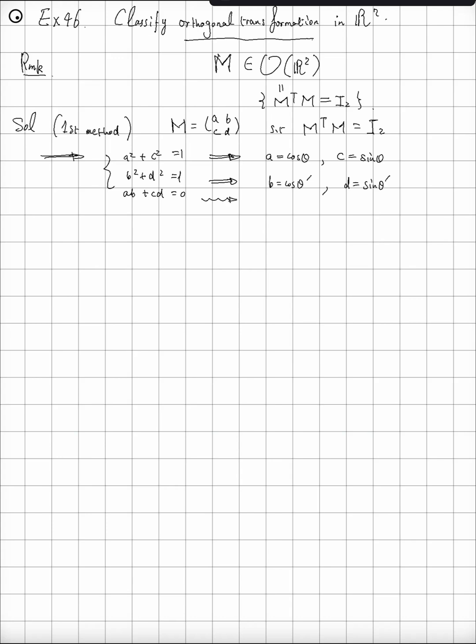Well, the third one will tell you that actually cosine of theta minus theta prime equals 0. And this further implies theta prime is congruent to theta plus or minus pi over 2 mod 2 pi.